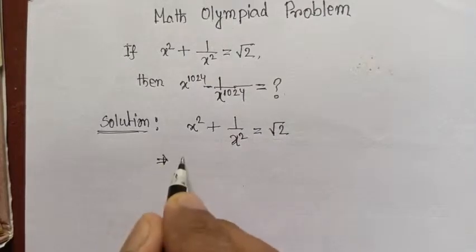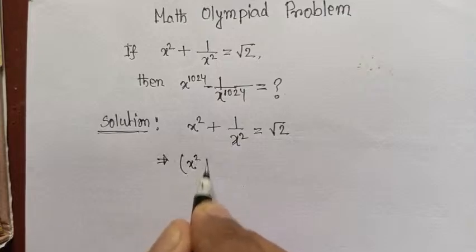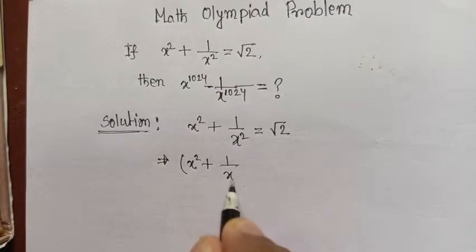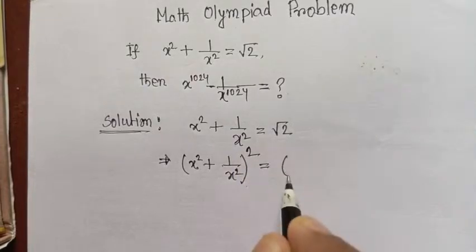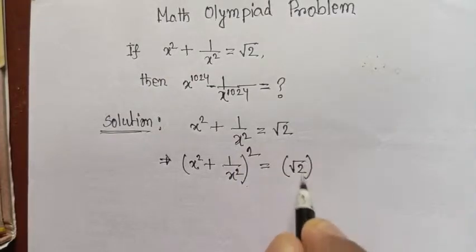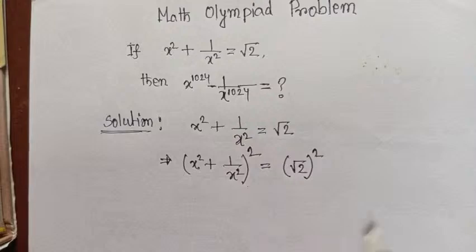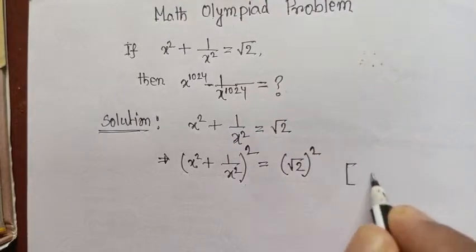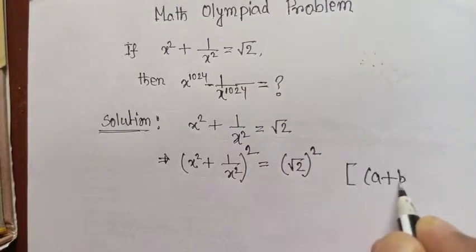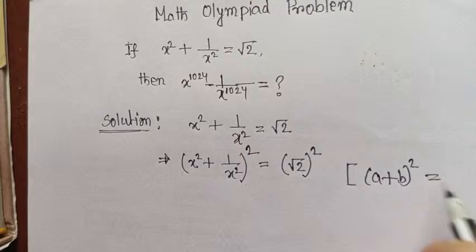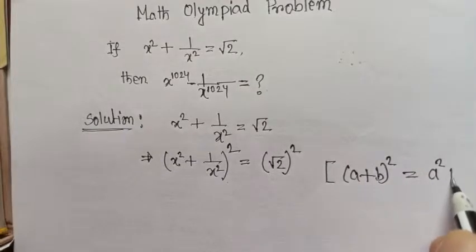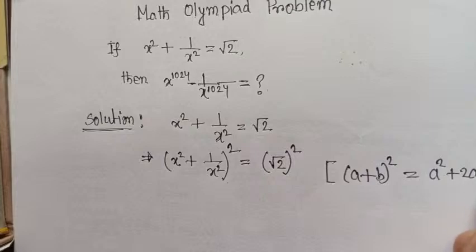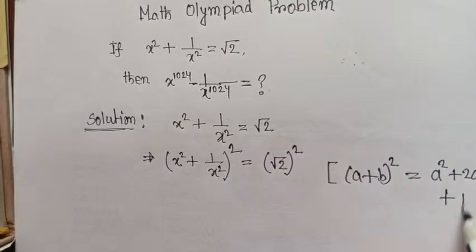Hence we get (x square plus 1 by x square) whole square is equal to root 2 whole square. Now we know (a plus b) whole square is equal to a square plus 2ab plus b square.